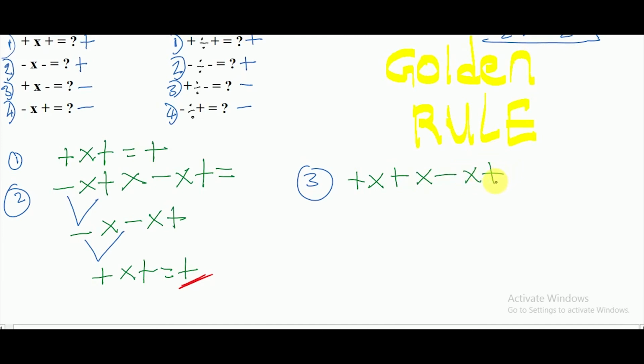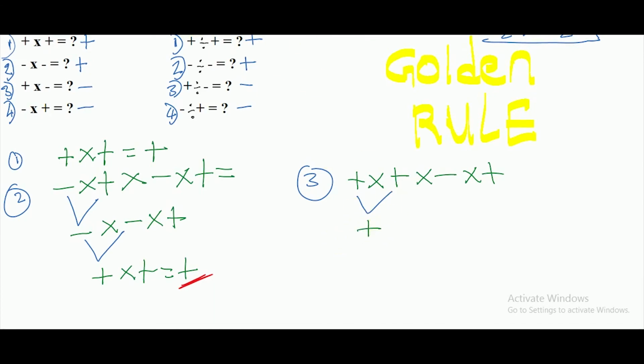Looking at this, I know the answer straight. I can tell you the answer without doing any other thing, but we need to do it together. So remember, plus times plus gives us what? Positive.